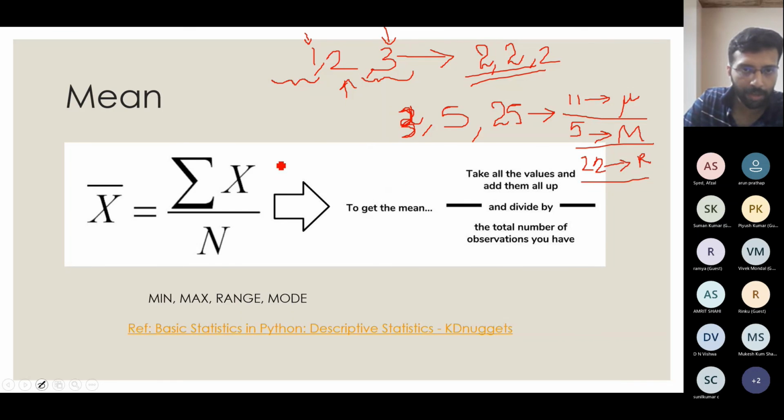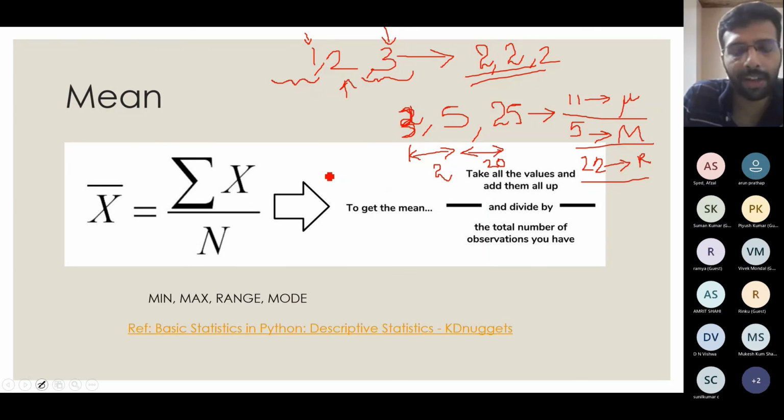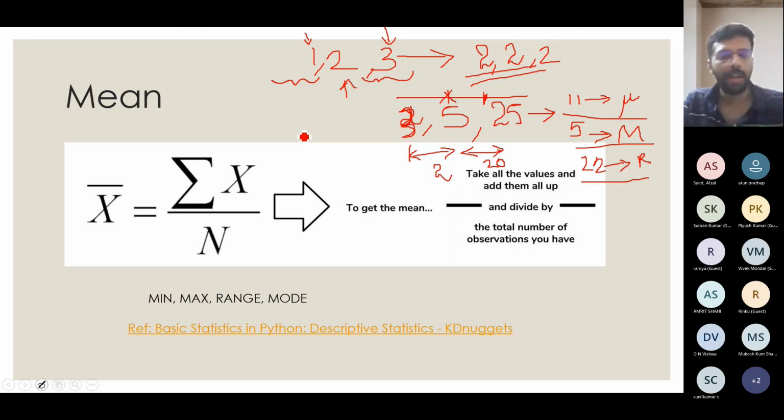As well, you can see here between 5 and 3, the difference is 2, and between 5 and 25, the difference is 20, almost 10 times. So this is an example where I cannot conclude, because when I take 11, it is towards this, if I represent all these on a number line. And when I take 5, it is this. So I cannot actually conclude which one needs to be taken here.